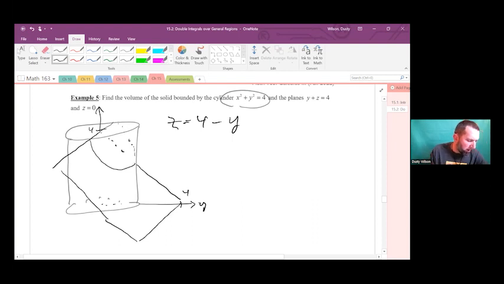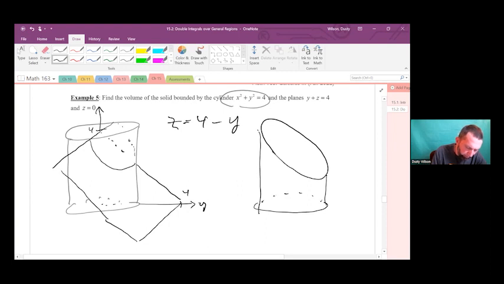Okay, find the volume of the solid bounded by this cylinder and the planes, and z equals 0. So we want to be bounded completely by it. It looks like we have a surface that has an oval top and a circular base.